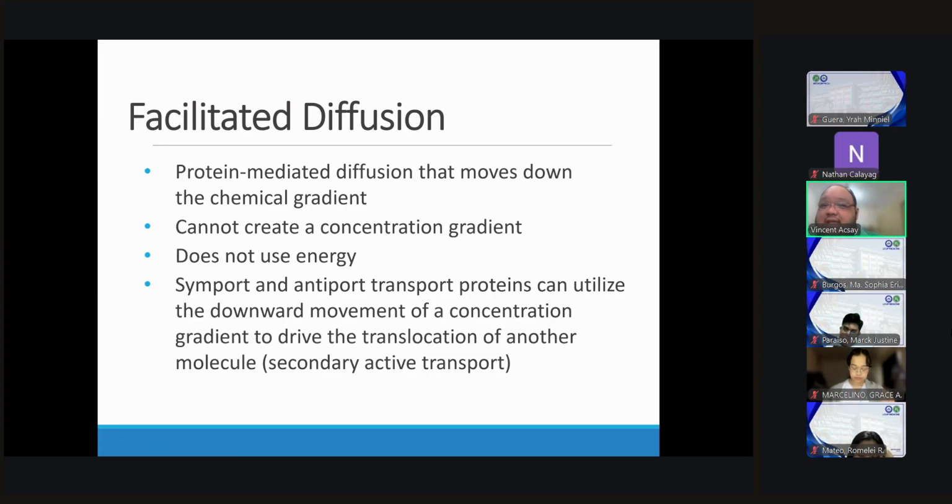It is still diffusion, so it moves down the gradient and it cannot create a concentration gradient. It does not use ATP or energy, but these transport proteins can utilize the downward movement of one concentration gradient to drive the translocation of another. This is called secondary active transport, which we can discuss later.